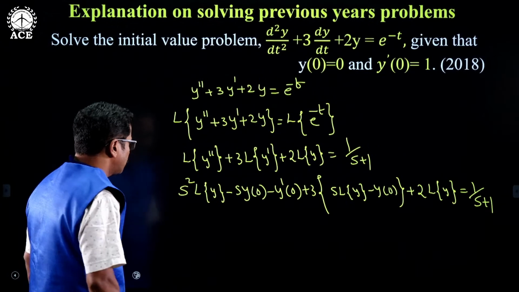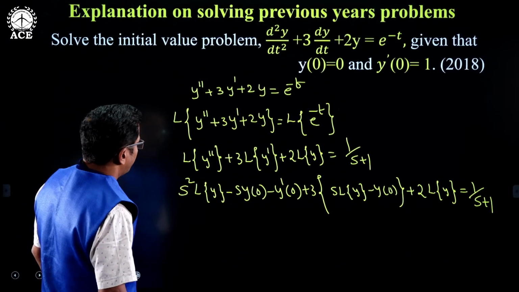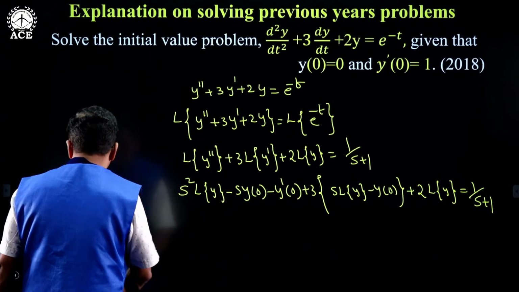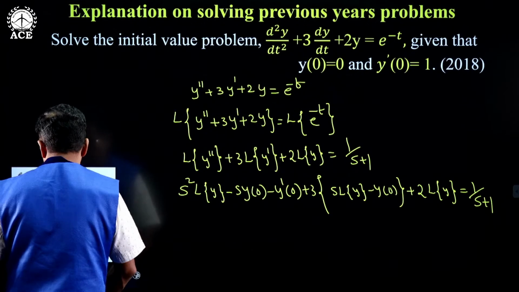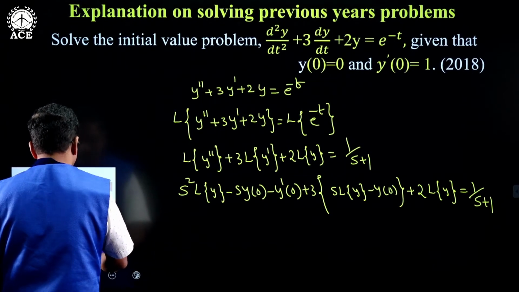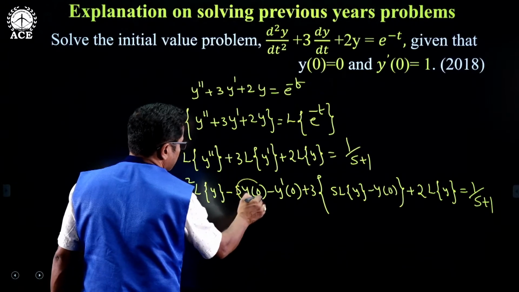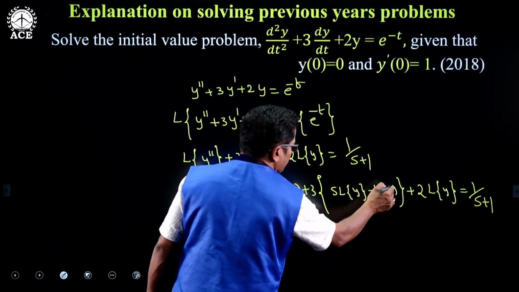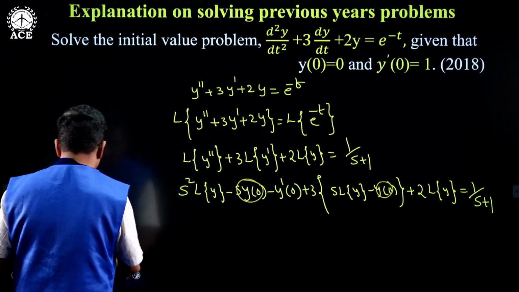Okay. Now I will substitute the conditions where y of 0 is equal to 0. So y of 0 is equal to 0 means that value is going to be 0, and even this is also going to be 0. So those terms are going to be absent.